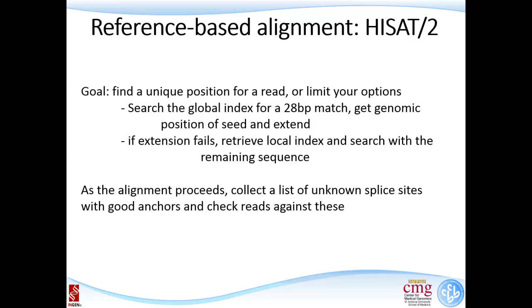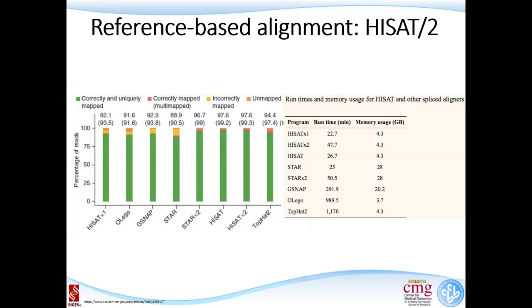Aside from those general considerations, the way it accomplishes this is by using two indexes. It uses a global index, which we're familiar with from an aligner like STAR, and it uses a local index. The global index is a lot less specific, and the local index is more specific. So you ballpark where you think a read is going to go, and then you pull a secondary reference and match it there faster.